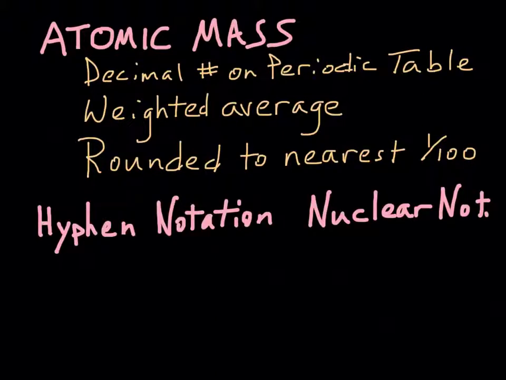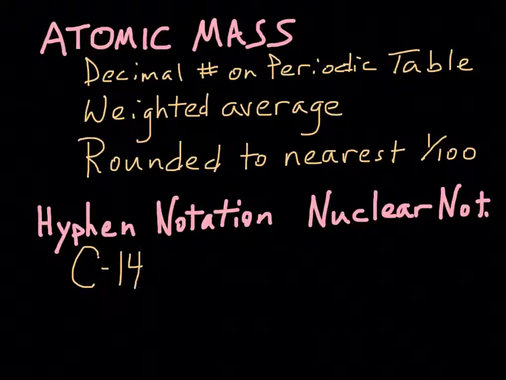For various isotopes, it's helpful to use abbreviations like hyphen notation or nuclear notation. Hyphen notation is when we use the element symbol, such as carbon, a hyphen, and then the mass number, which is not the atomic mass with 2 decimal places, but is the mass expressed for that specific isotope.